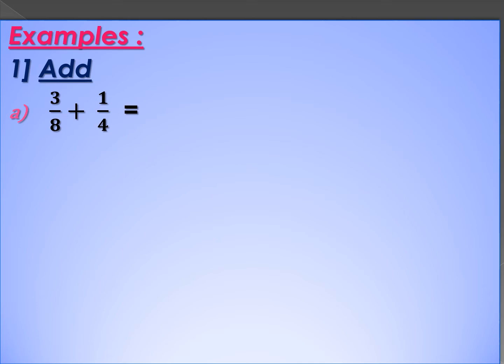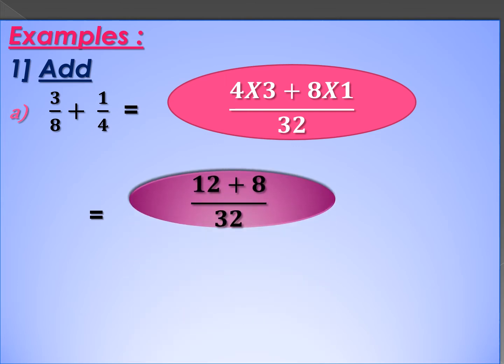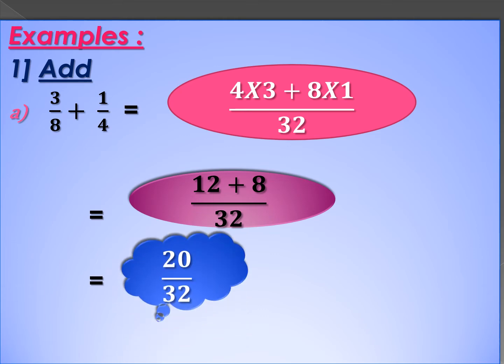So we have 32 in the denominator, divided by 8, we will get 4 times 3, plus 32 divided by 4 equals 8, times 1 in the numerator, so it will be 12 plus 8 over 32, which is equal to 20 over 32. In the simplest form it will be 5 over 8.